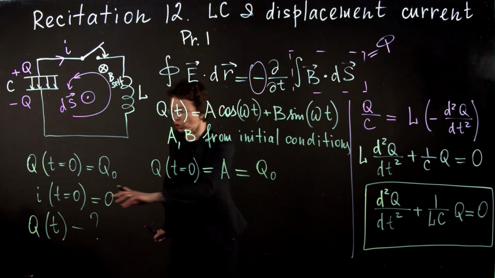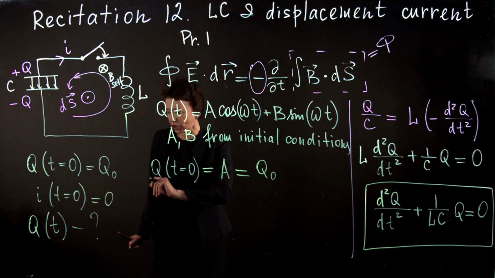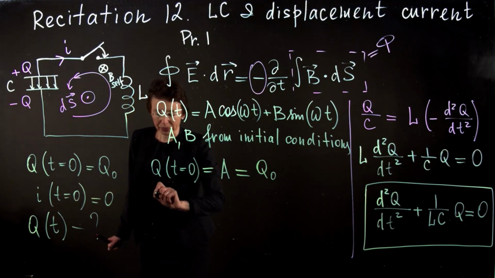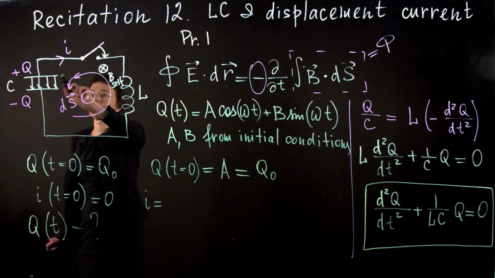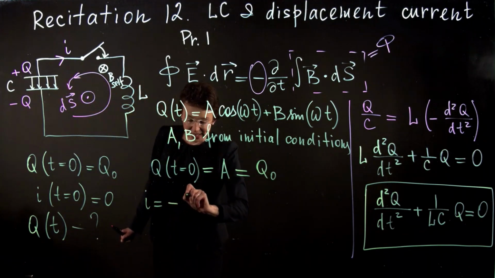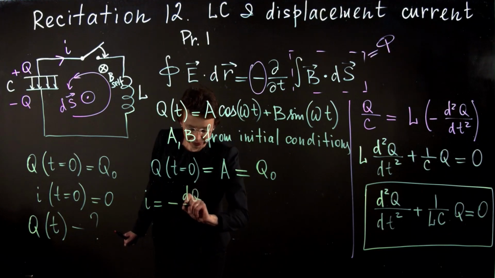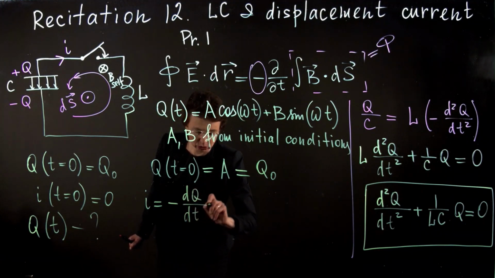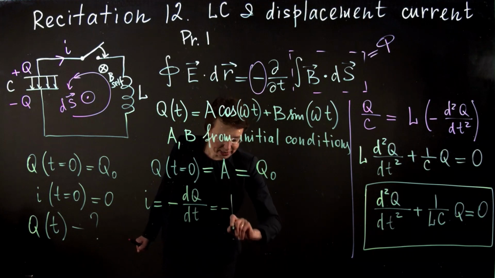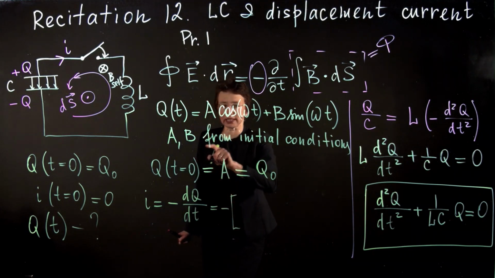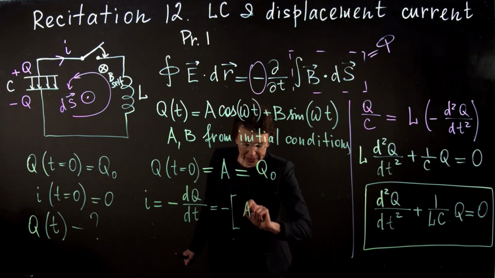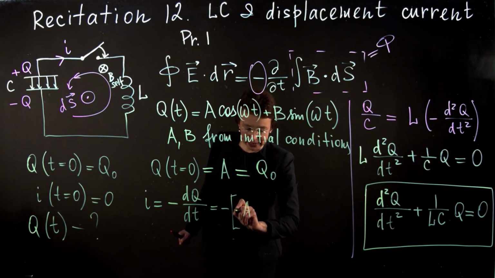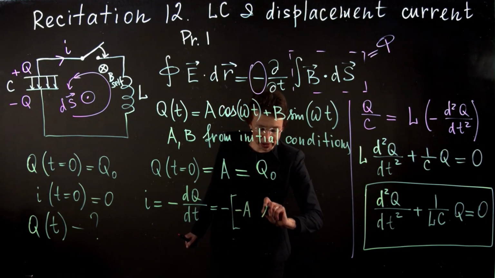Now we need to apply the second initial condition, and I need current. I remind you that current is minus dq/dt. I keep the minus, and then let's differentiate dq/dt. What do we get? We get A. Derivative of cosine is minus sine omega t.